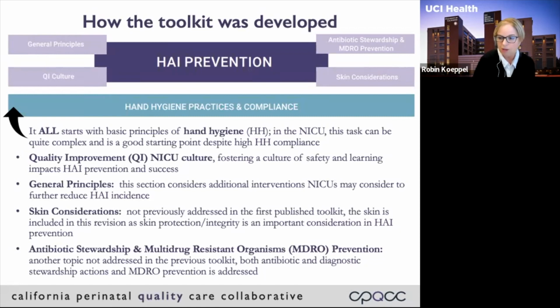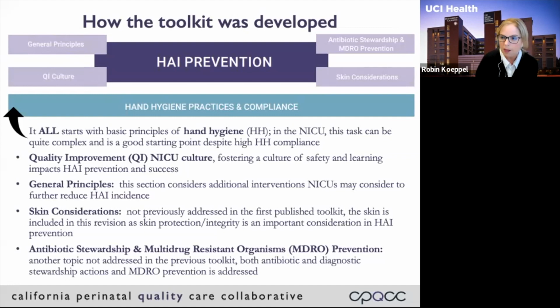Then we have a general principles section with some potentially better practices or additional interventions you might consider. Skin considerations weren't really addressed in the previous toolkit, or not very specifically, and we all felt this was important. The skin is included because, as we all know, as we push down to 22 weeks, skin protection and integrity are vital to HAI prevention.